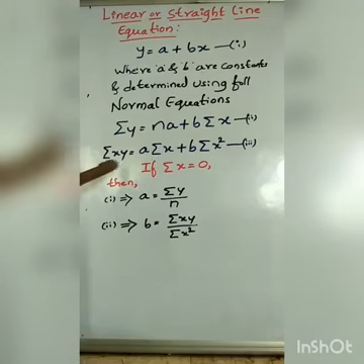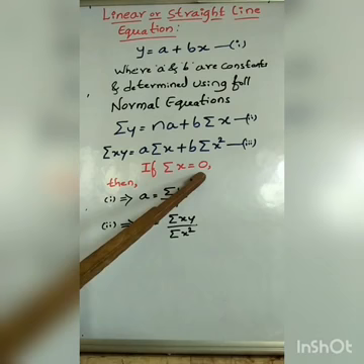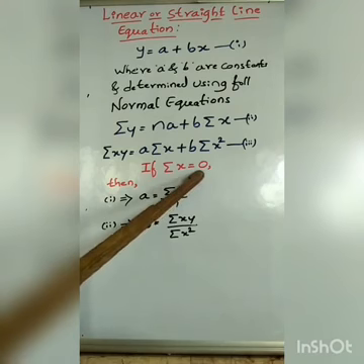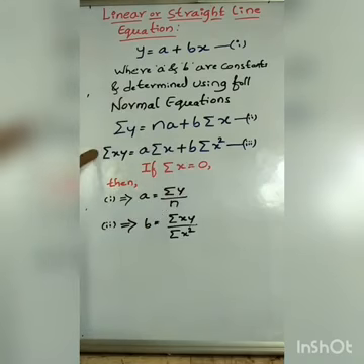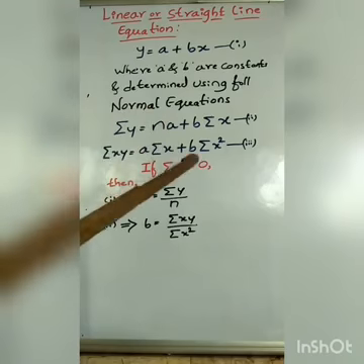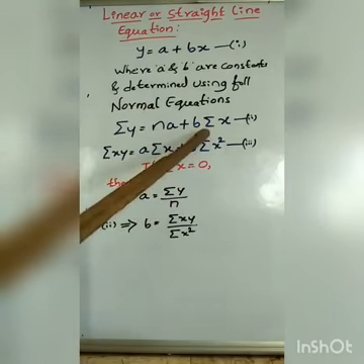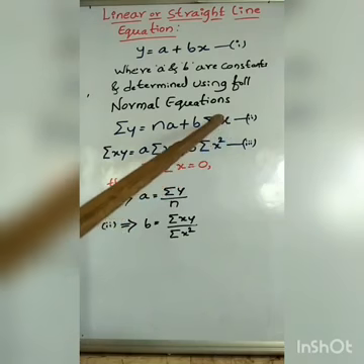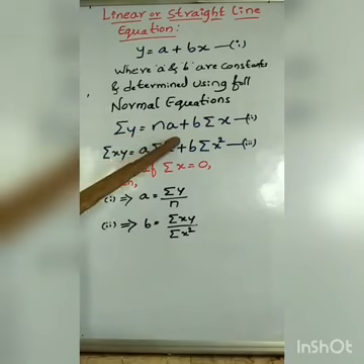Suppose sum of x is equal to 0 in the given numerical problem. What will be obtained from both these normal equations? We have to observe now. If sum of x equals 0, what will happen in this particular equation? Sum of x is 0, so 0 multiplied by b, this term becomes 0. The only remaining term is summation of y equals n into a.